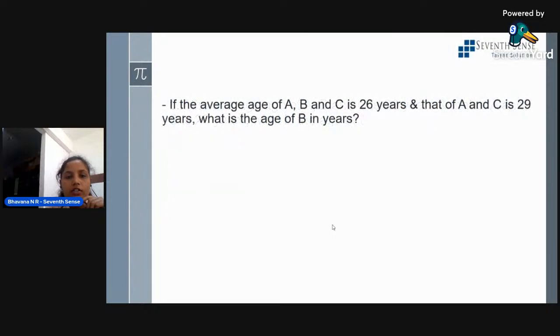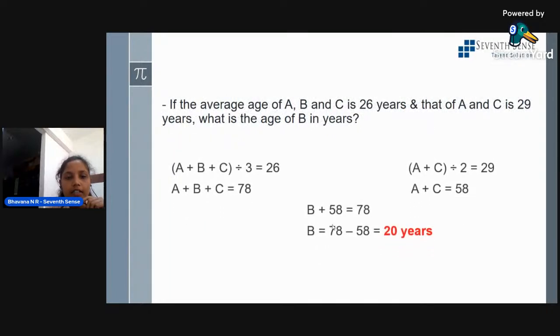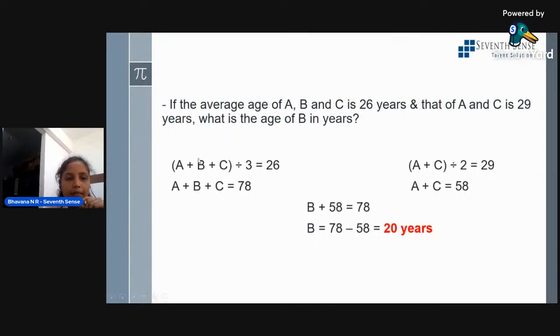Here the average is already given, right? So A plus B plus C divided by 3 equals 26, and A plus C divided by 2 is 29. Cross multiplying, A plus B plus C is 3 into 26, that is 78.